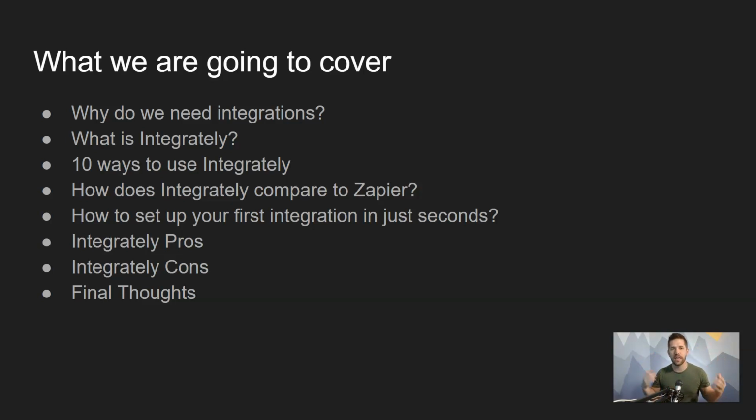And then, of course, the 800-pound gorilla in the room is Zapier. They are currently like the monopoly in this space. And I want to compare Integrately to Zapier and be as fair and balanced as possible. And next, we're going to do how to set up. I'll give you a quick tutorial on how to set up your first integration inside of Integrately in just a few seconds. That should be pretty cool. And then I'll give you the pros and cons and my final thoughts towards the end.